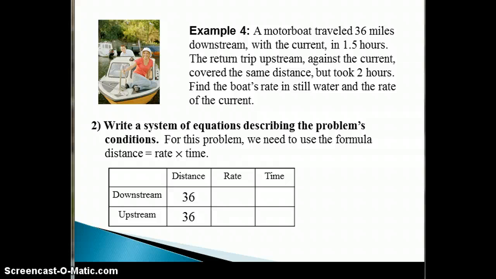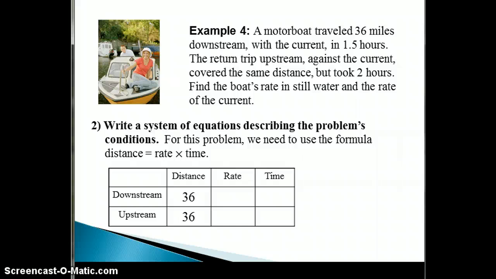Recall that B represents the rate of the boat in still water. In other words, if the boat was not being affected by the current, the boat would be going B miles per hour. However, as the boat goes downstream, the boat will be pushed faster by the current. In fact, it will be pushed faster by C miles an hour, which is the rate of the current.